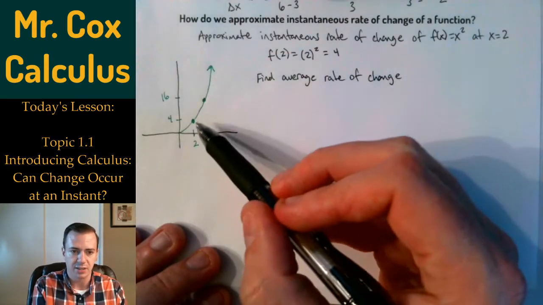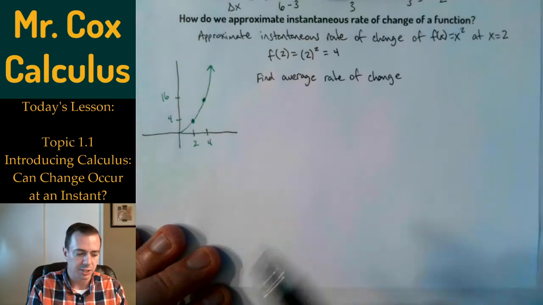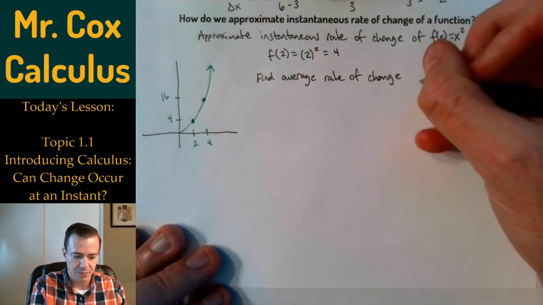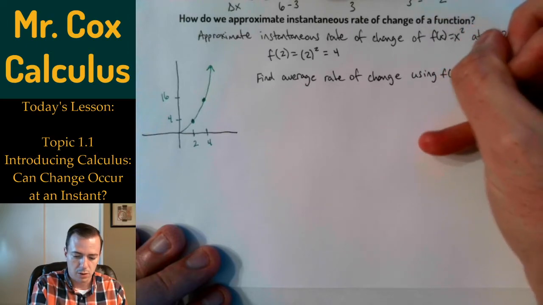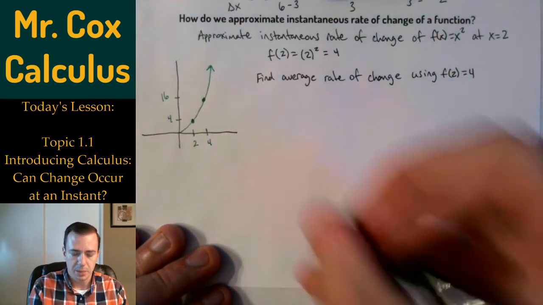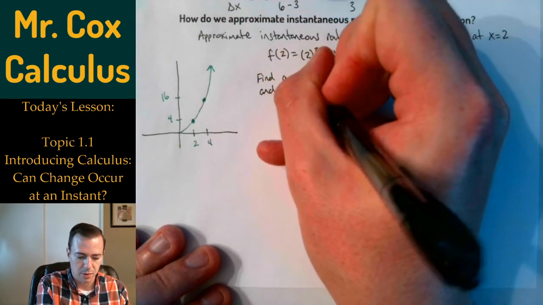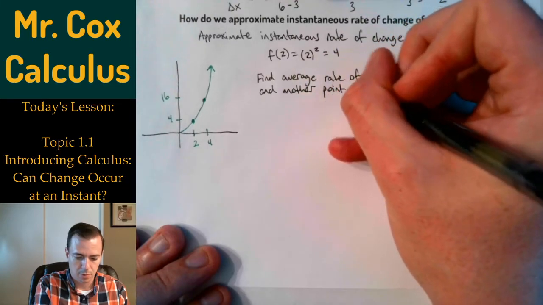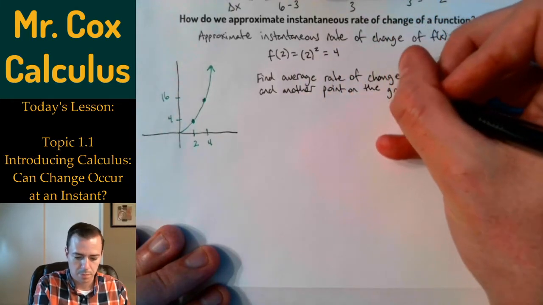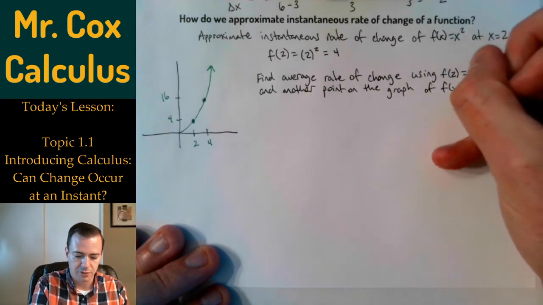But what I'm basically going to do is take this point 2, 4 that we already established, and I'm going to use f of 2 equals 4, and I'm going to use another point on the graph of f of x.